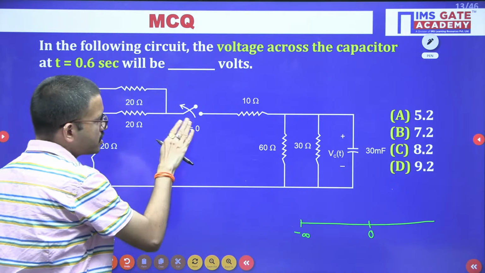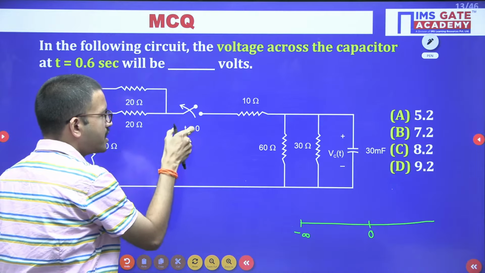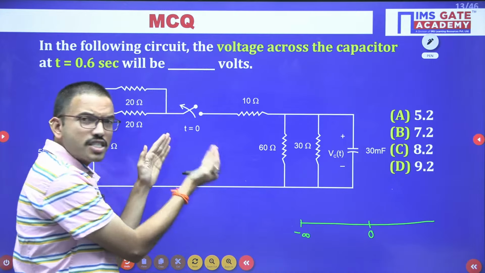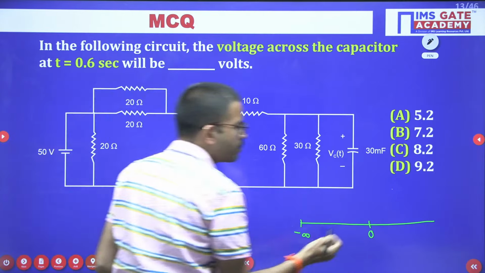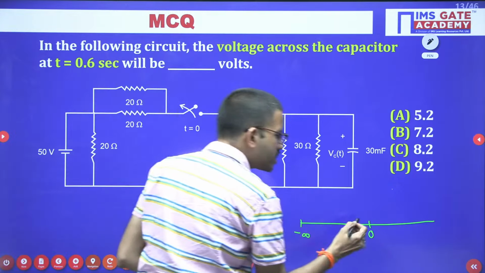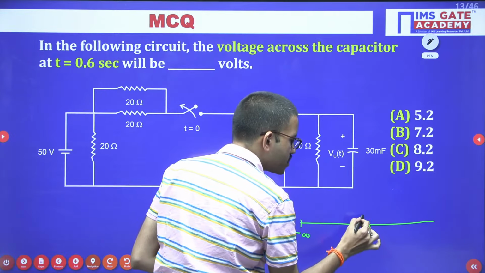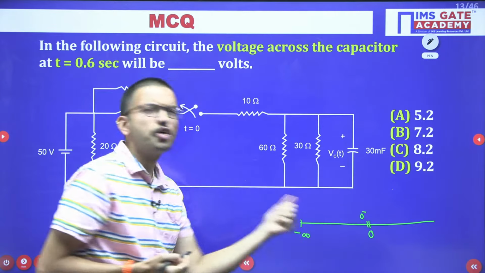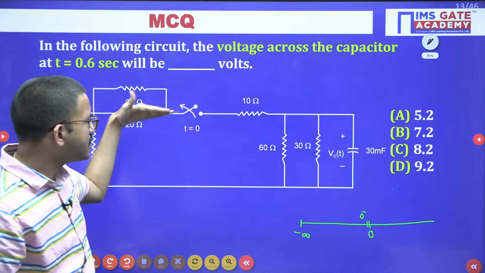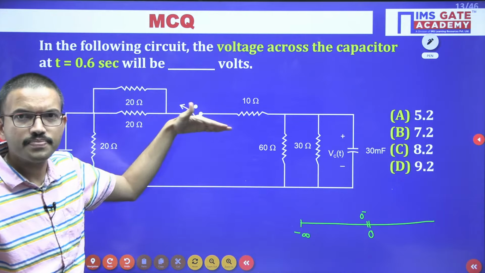Just by observing the circuit, at t equal to 0 we are opening the switch. That means till just before that particular instant, slightly before that instant, which I am considering as 0 minus, is the switch in the closed position or not?